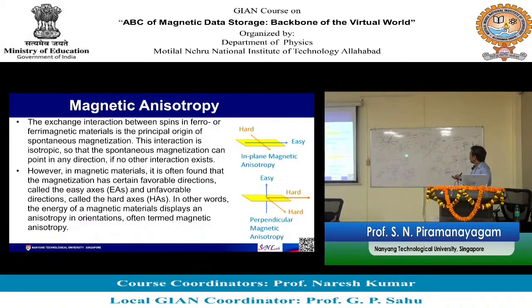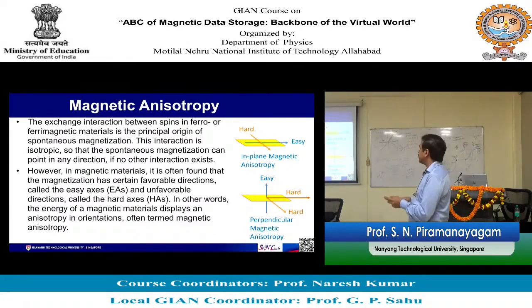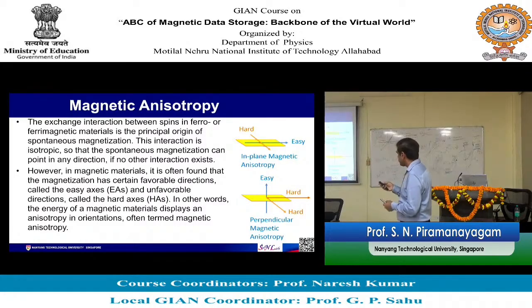The answer to this question is magnetic anisotropy. Before we move on, are there any questions so far? Okay, if not, let's move on. Magnetic anisotropy is the one that makes a material hard or soft.